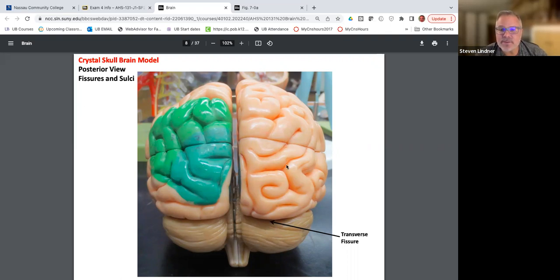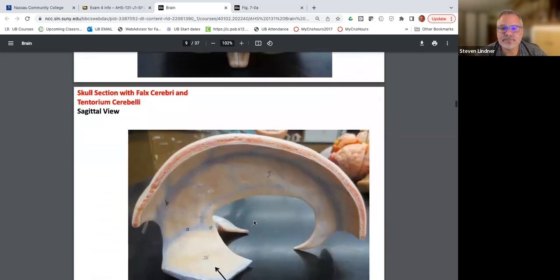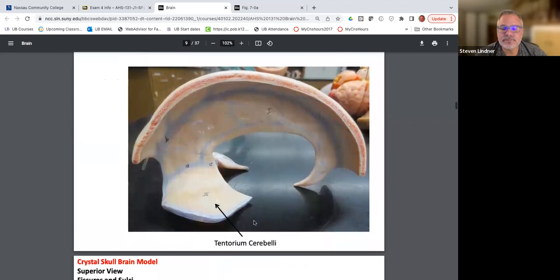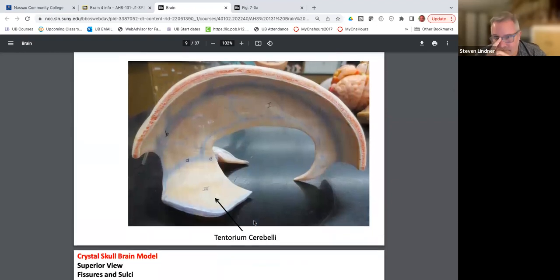And between the cerebrum, or the occipital lobe of the cerebrum, and the cerebellum is another fissure running horizontally across in this direction. That's called a transverse fissure. So the falx cerebri was up here.